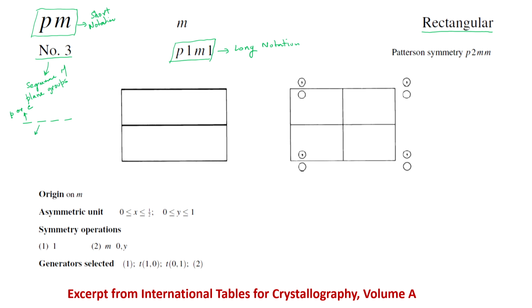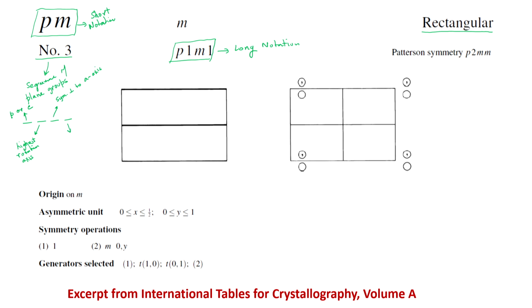The second one typically would contain the symbol for the highest rotation axis. So, if there is a 6-fold and a 3-fold together, one would typically put the 6-fold rotational symmetry here. Third in the sequence is the symmetry plane, which could be glide or mirror, the one that is perpendicular to the A axis.